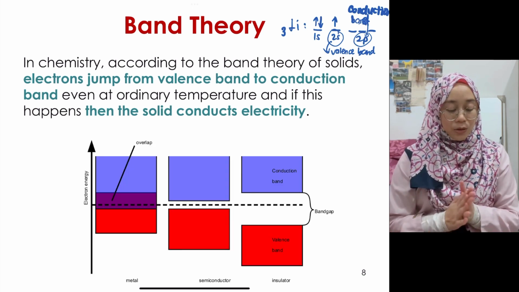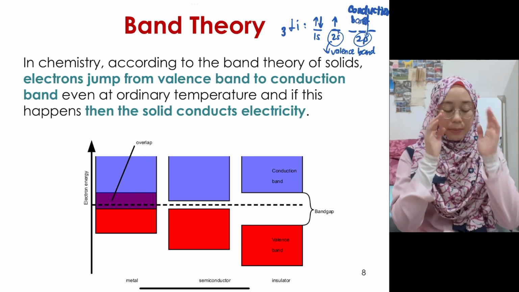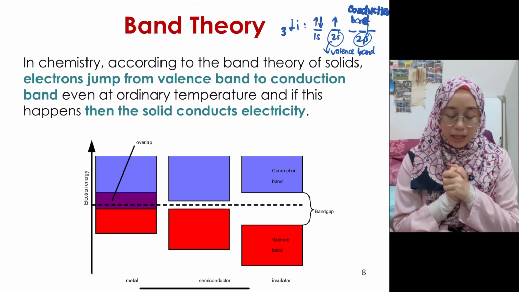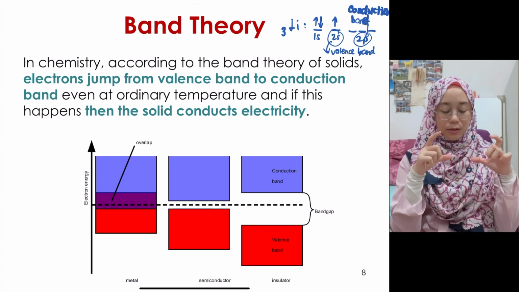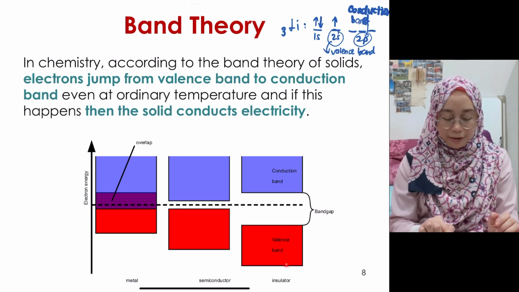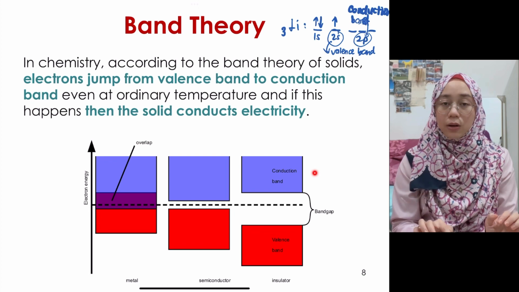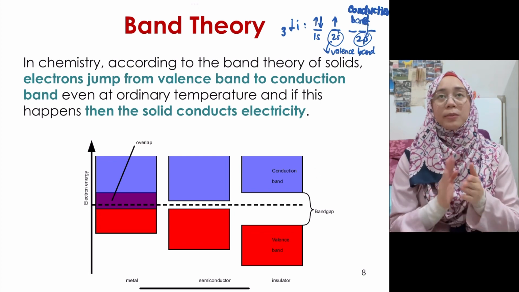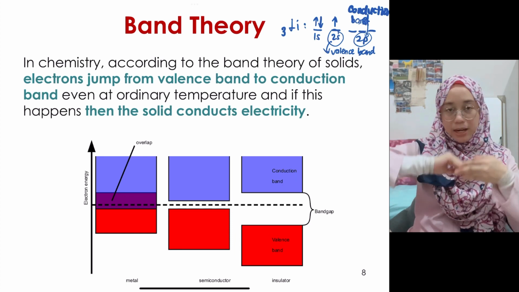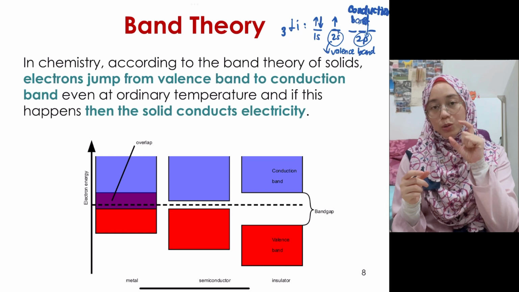If we look at the figure below, class, it is divided into 3 actually. Looking at the leftmost one, the red coloured one is the valence band, and the purple one on top is called the conduction band. So how are our electrons able to jump from the valence band to the conduction band? It depends on the gap between those two bands.